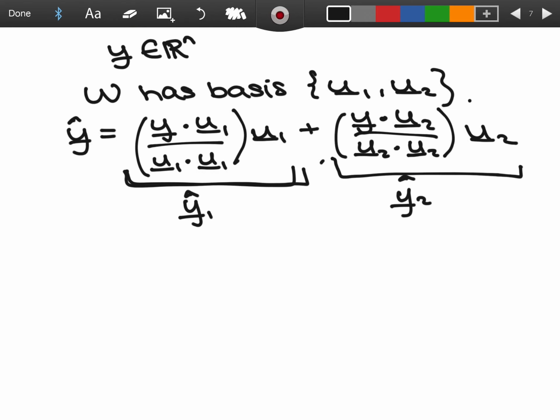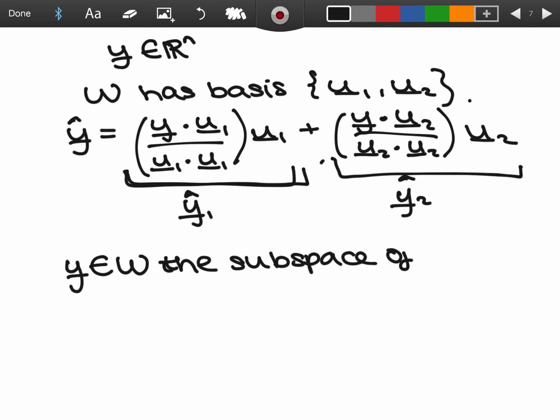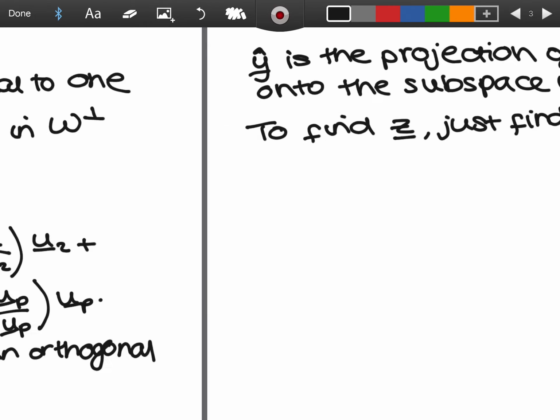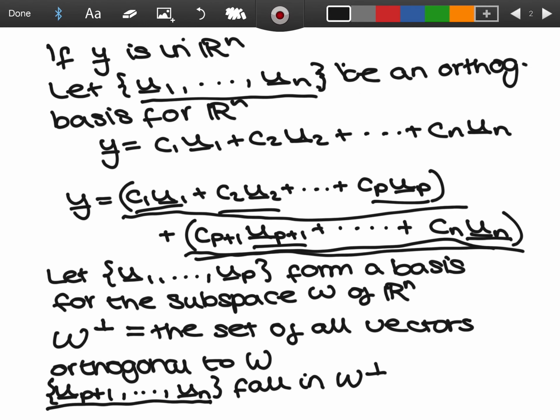What would happen if y is actually in W? If y is in W, this subspace in R^n, then going back to our initial formula, let's come all the way back to what we had here.